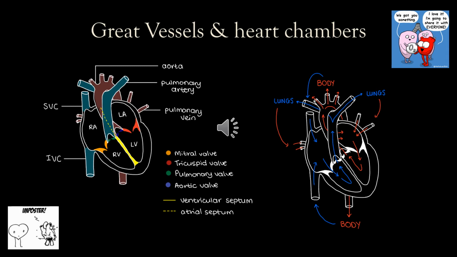For starters, because the left side of the heart, the left atrium and the left ventricle, supply the entire body and have to ensure that both the proximal and the distal parts of the body are supplied, and under very high pressures, and the right side of the heart only needs to send the blood to the lungs, which is not as great a distance and is under slightly lower pressures, the chambers on the left side of the heart tend to have thicker walls than those on the right side of the heart.